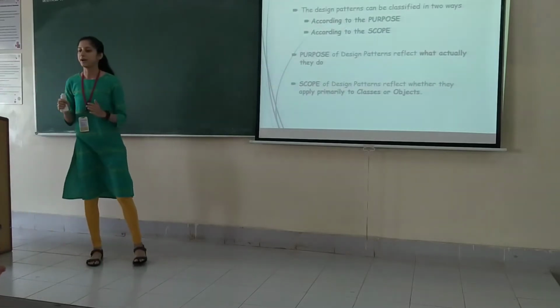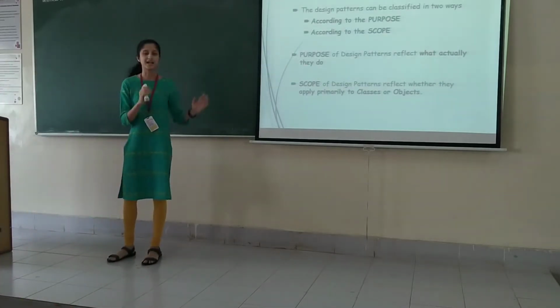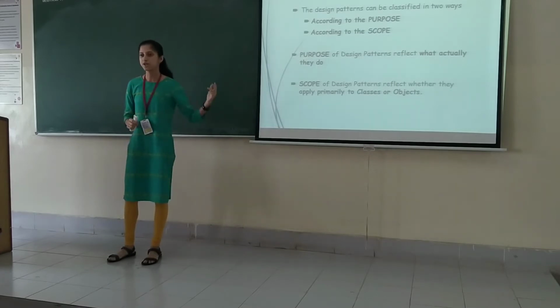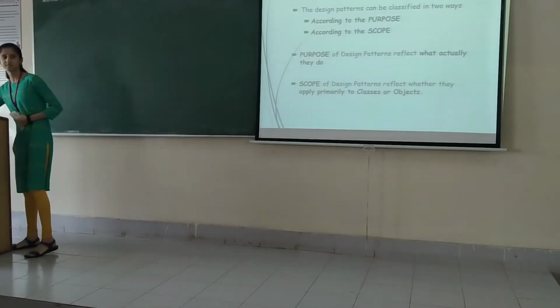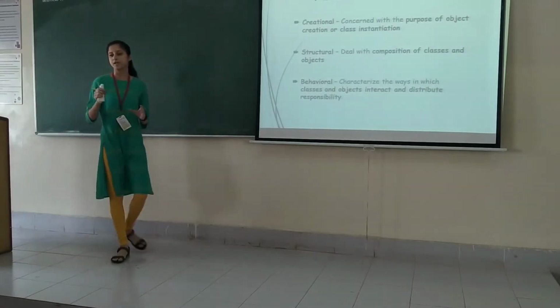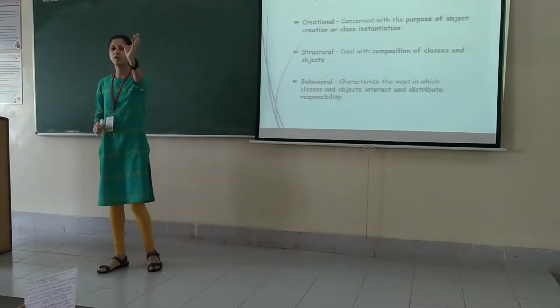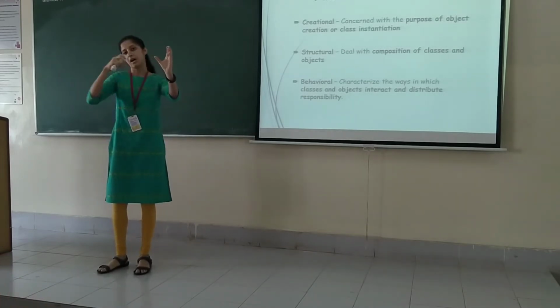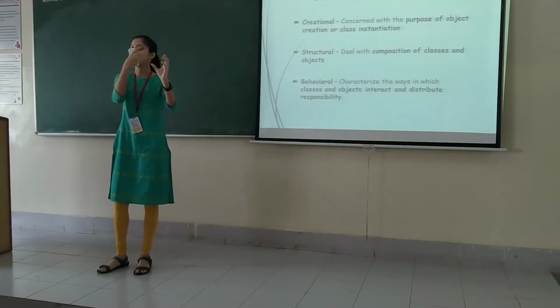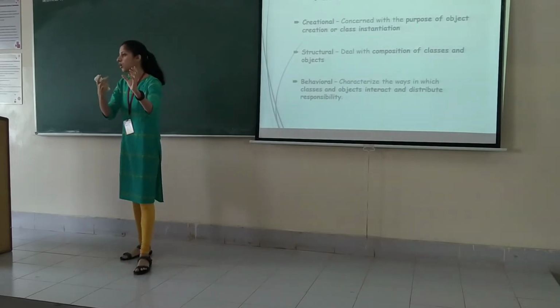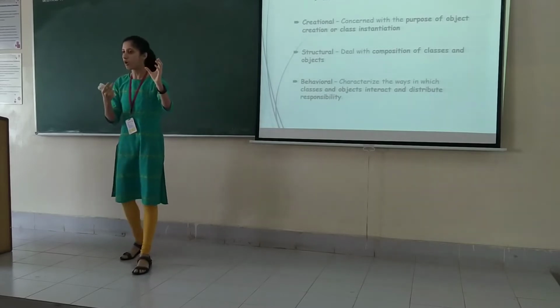In design patterns, classification is mainly based on purpose and scope. Purpose says the purpose, and scope says the scope. In purpose, for example, there will be a class. To acquire all the properties of the class or to use the attributes of the class, you need to create an object.